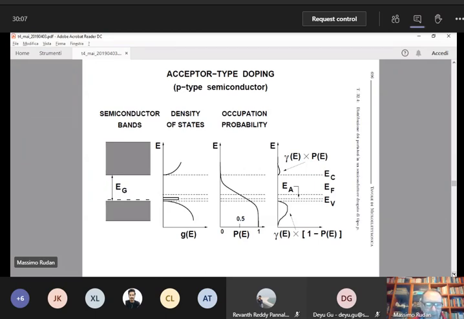Now, what happens, since the distance of the states introduced by the dopants from the valence band is so small, at a temperature that is different from absolute zero, it is relatively easy for electrons belonging to the valence band to make a transition into the states of the dopant, because they just need the energy of 0.03 electron volts.